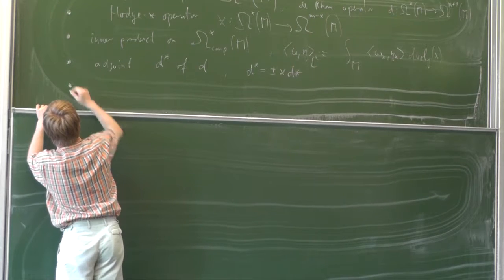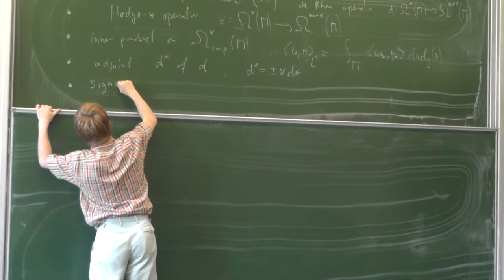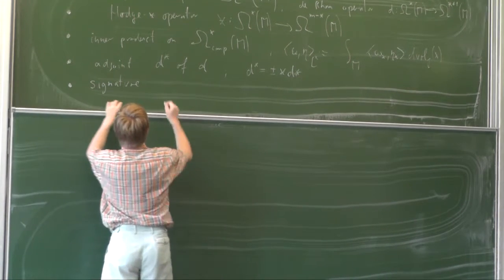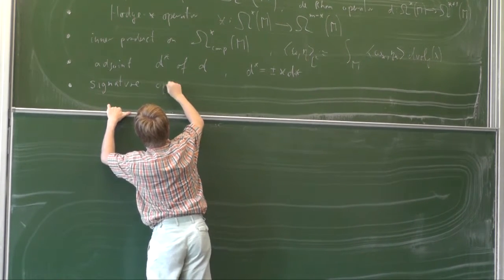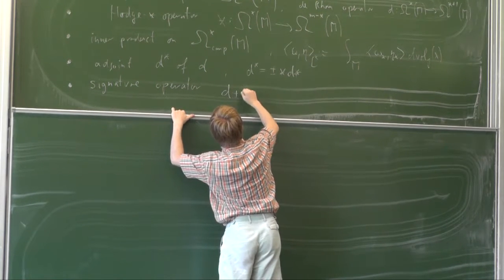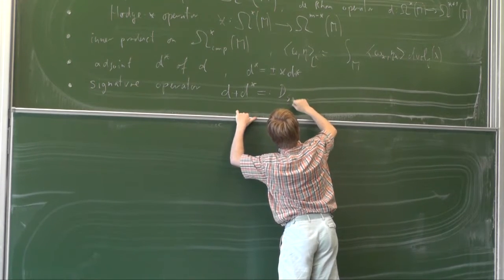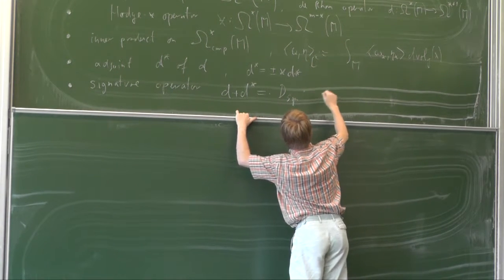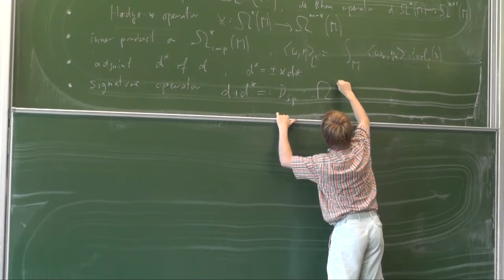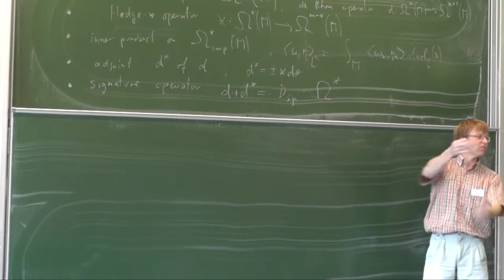Now I'm defining the signature operator, leaving out the most important bit of information that comes in a second. The signature operator is just d plus d star. And well, what does it do? It maps from the direct sum of all form degrees put together to itself.